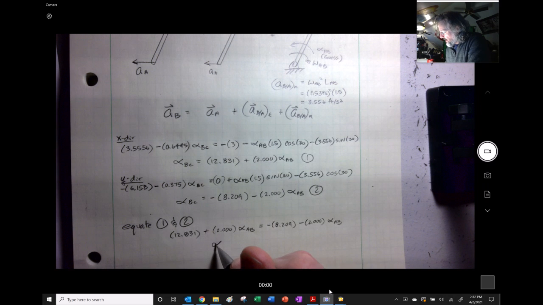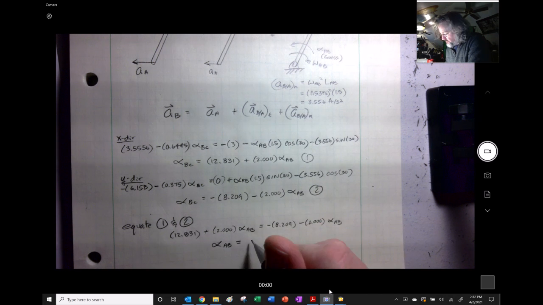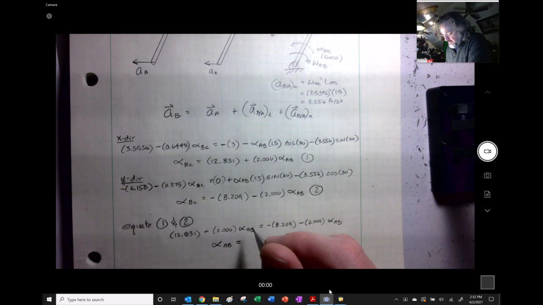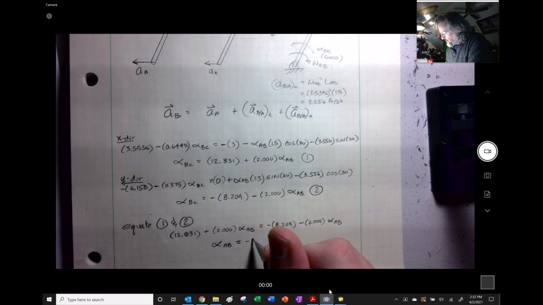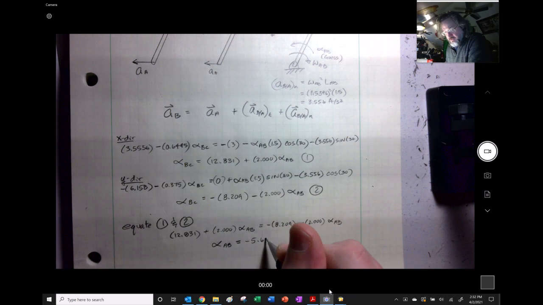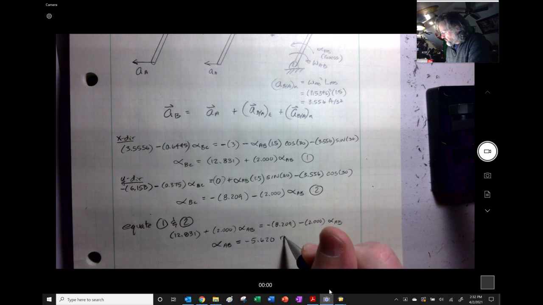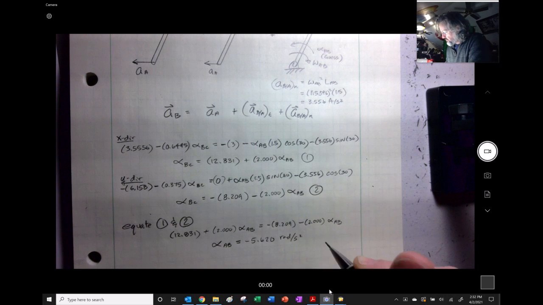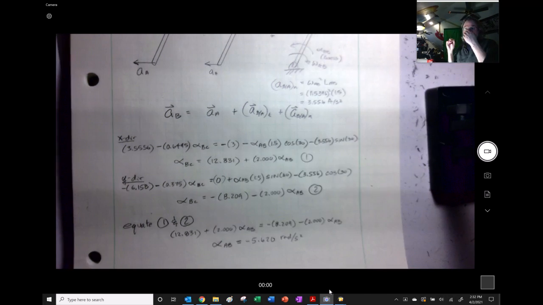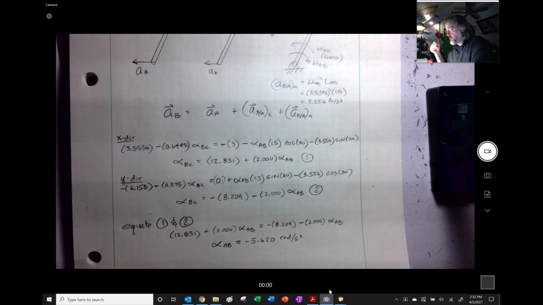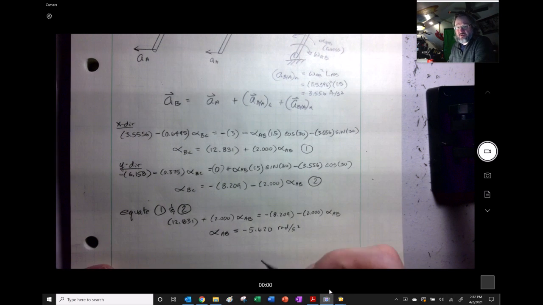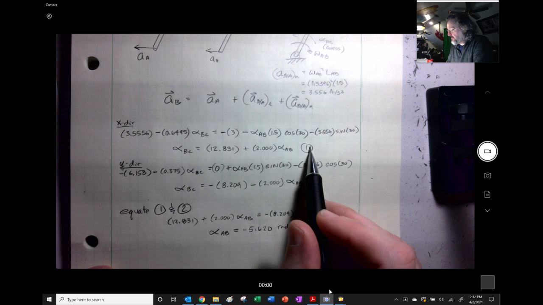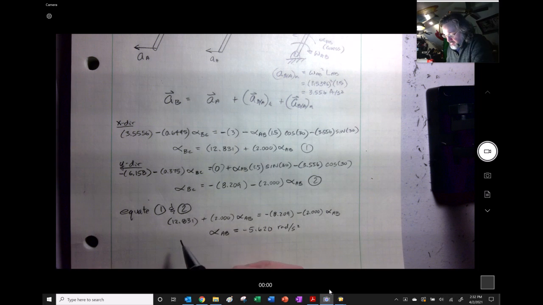We get alpha AB is equal to negative 5.620 radians per second squared. So we guessed wrong. All right, so AB is going in the clockwise direction, but we'll use this back into either 1 or 2.